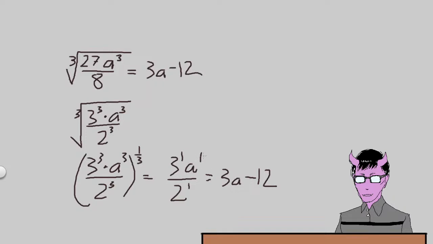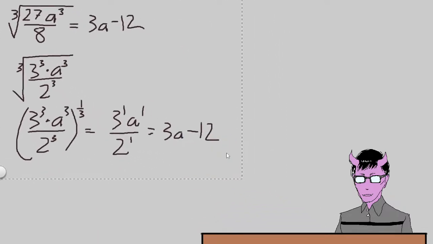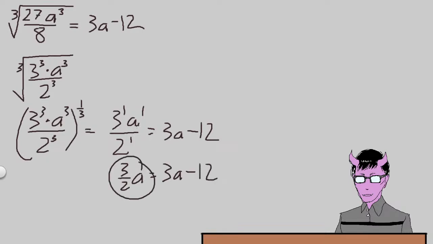Alrighty then, we have a cleanup step. This is going to be 3/2 a. Let's have some semblance of order, right? Move this up. So this is going to be 3/2 a is equal to 3a minus 12. Add 12 to both sides, subtract this from both sides.